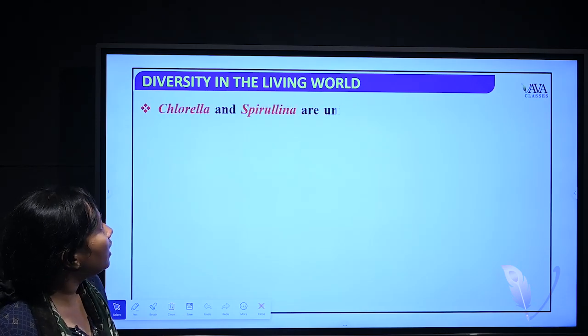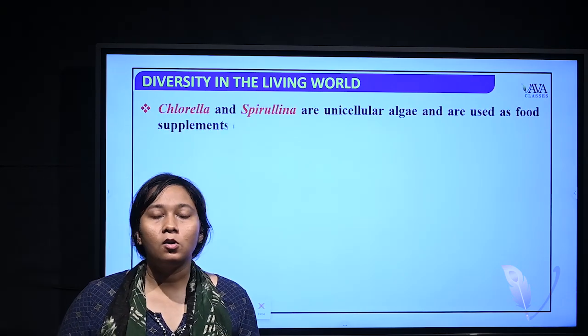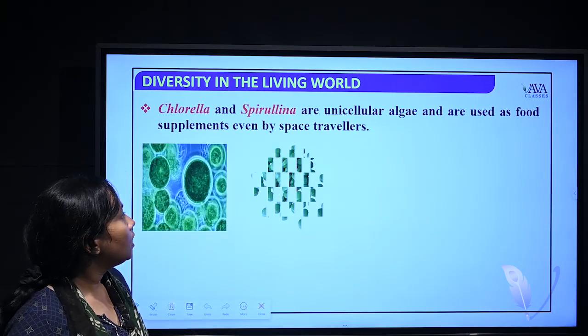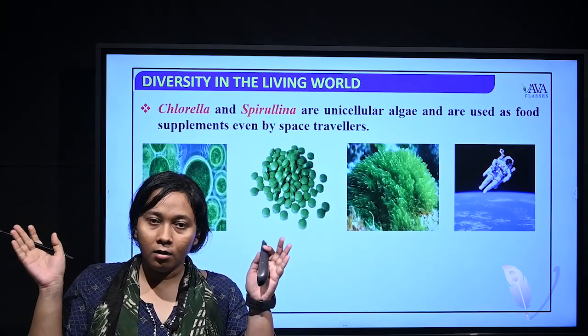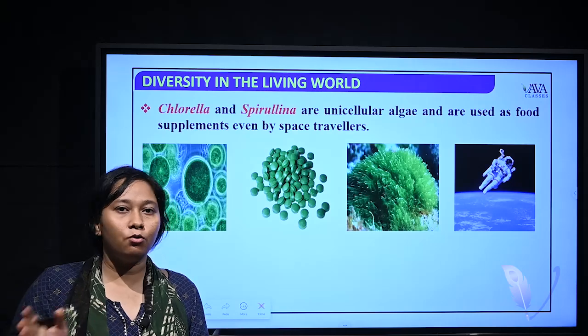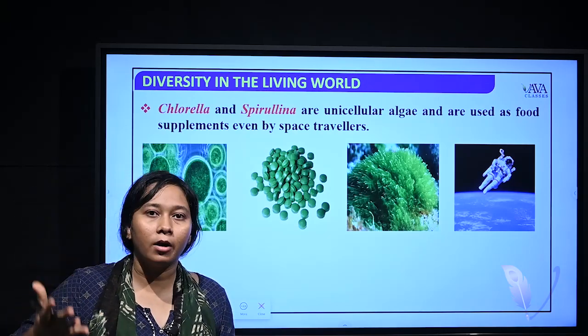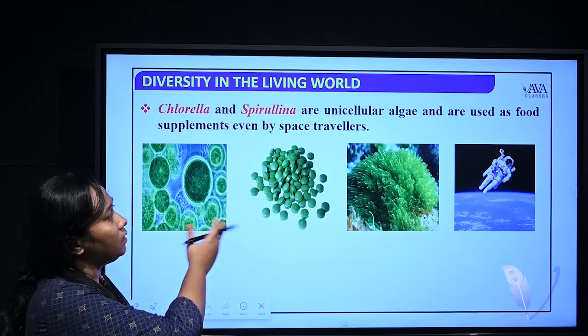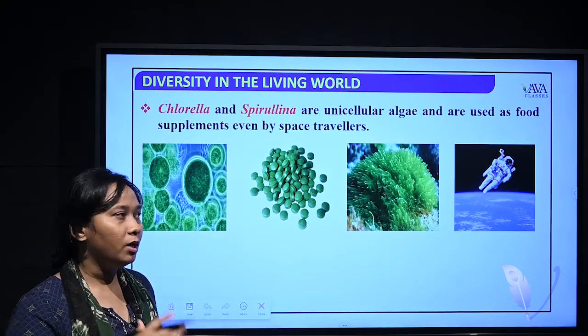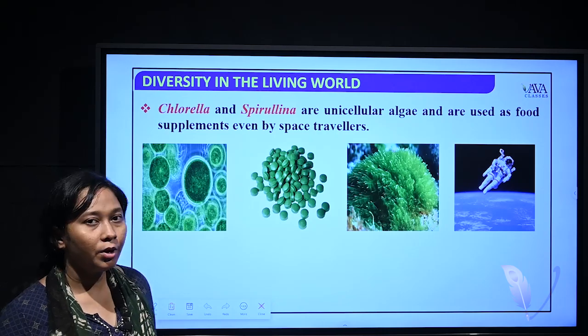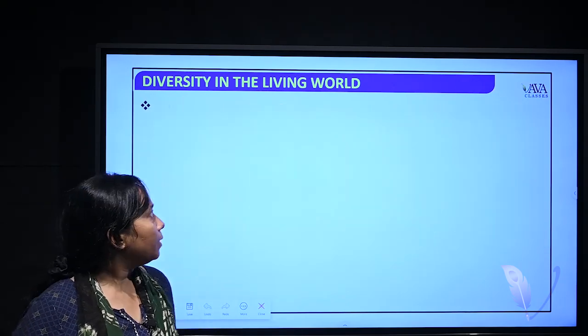Chlorella and Spirulina are unicellular algae which are taken by space travelers as a food supplement, so they can survive there without heavy food for a longer period of time.